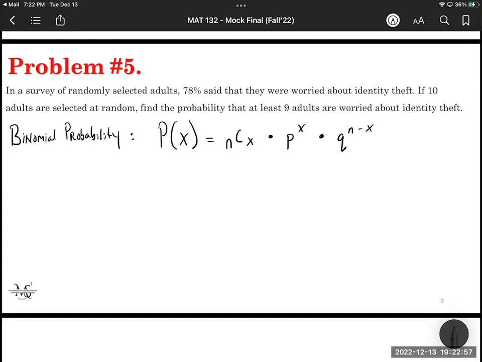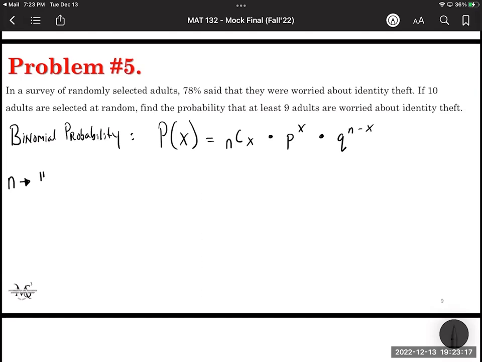So let me define these variables for us. We make some replacements, and I'll show you how the computation works. Let's start off with n. What does n represent? The number of trials.